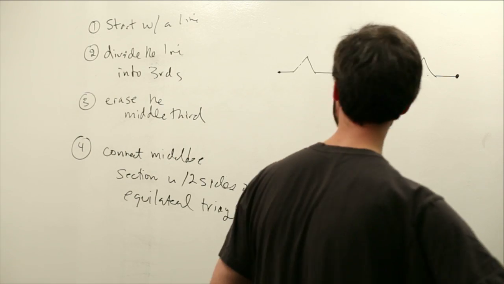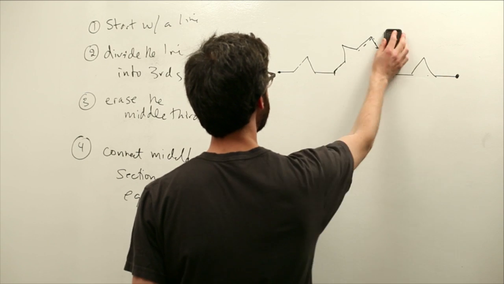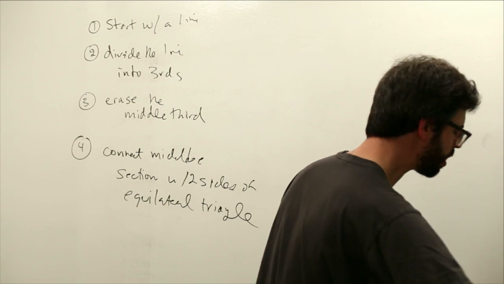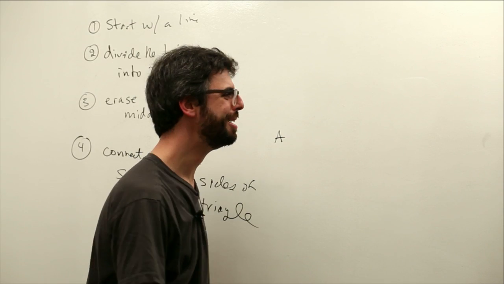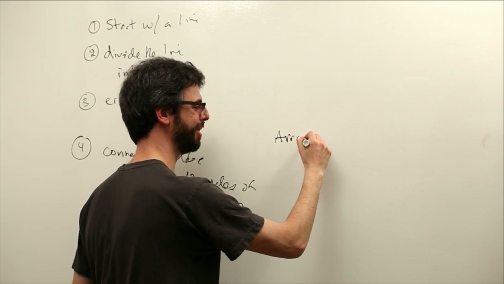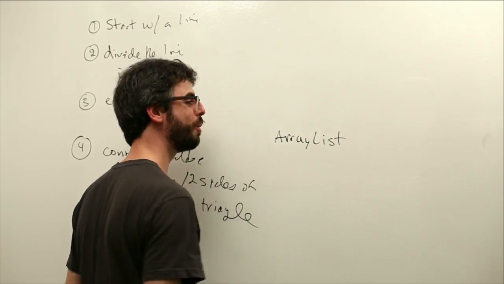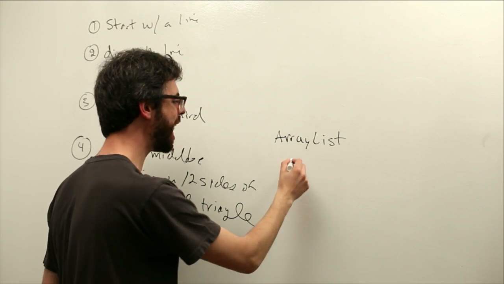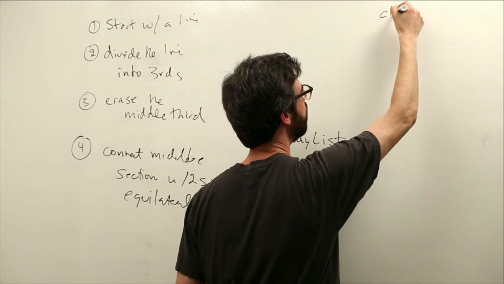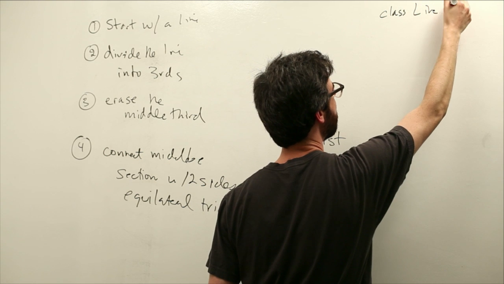What's the difference? Let's say for a moment that we had an ArrayList, and inside, we have a line object.